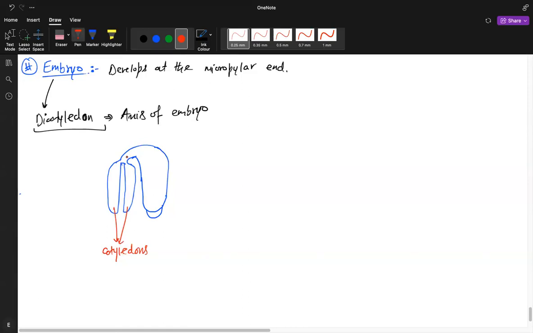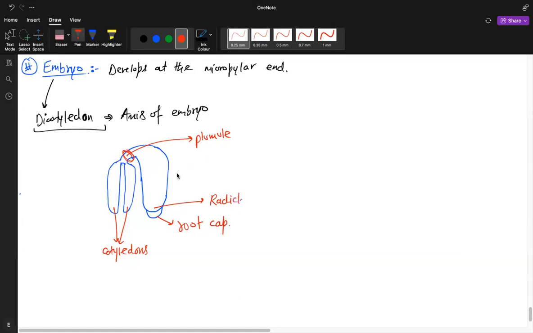And then this junction, this tissue, is called the plumule, which forms the shoot system. This at the very tip is called the cap of the radicle, or in short, later on it will be known as the root cap. And you can realize that this is radicle tissue that gives rise to the root.